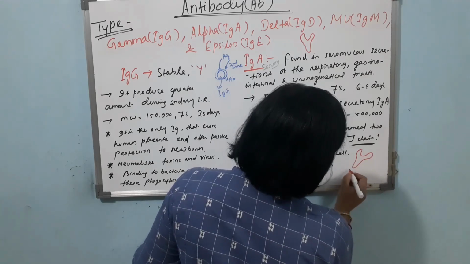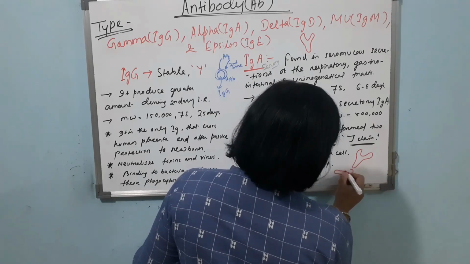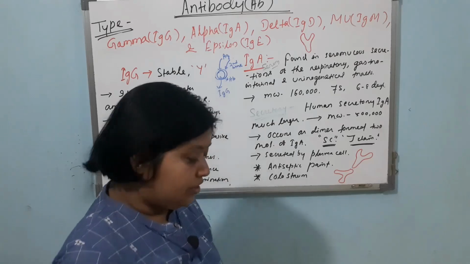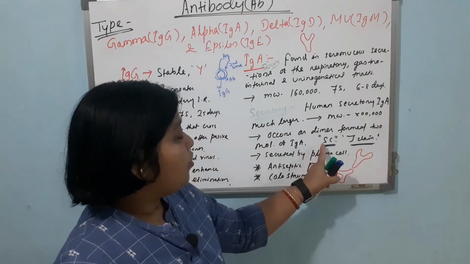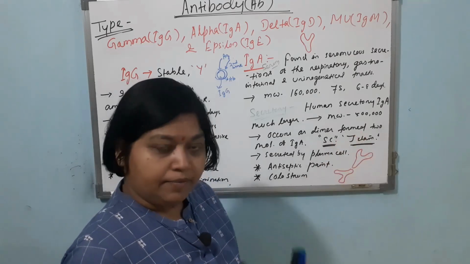This is one monomer, this is another monomer. So in this case it is present as a dimer, and both monomers are joined with each other by the secretory component and by the J chain.